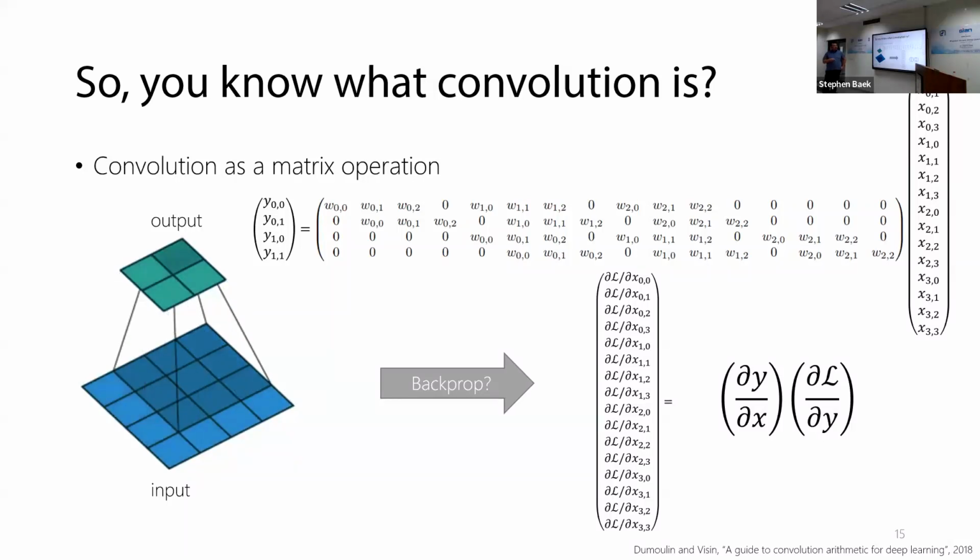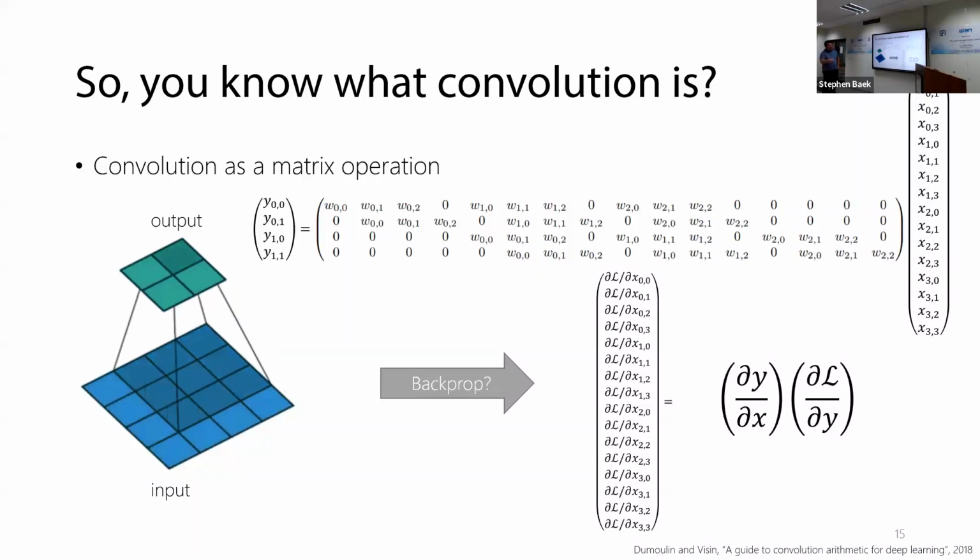The partial Y0,0 over partial X0,0 is going to be this guy over here. Similarly, partial Y0,0 over partial X0,1 is going to be simply this guy over here, W0,1.